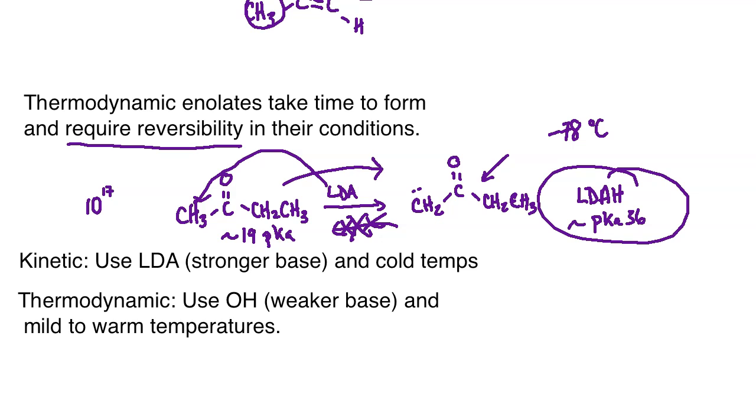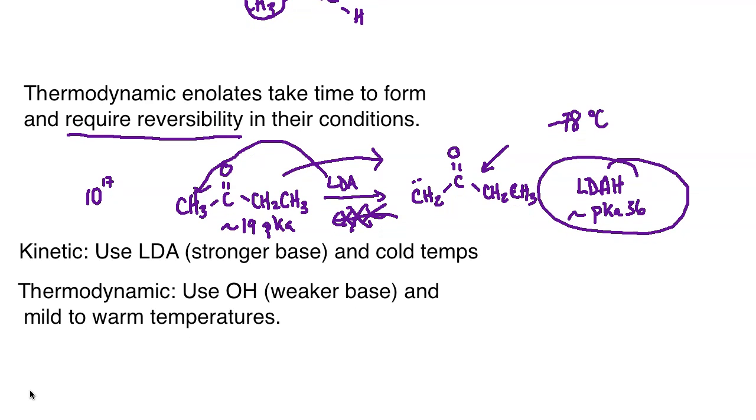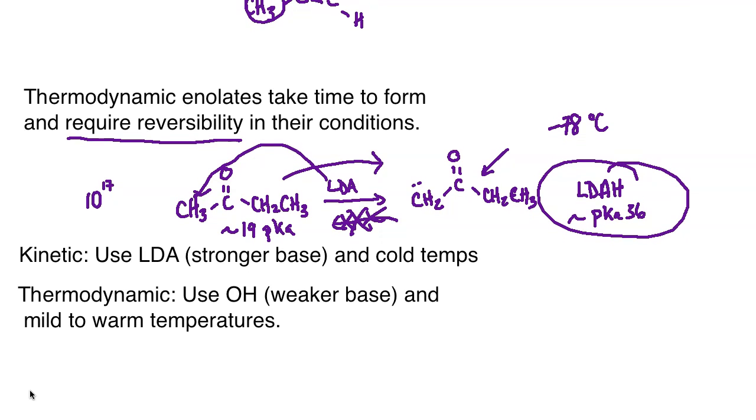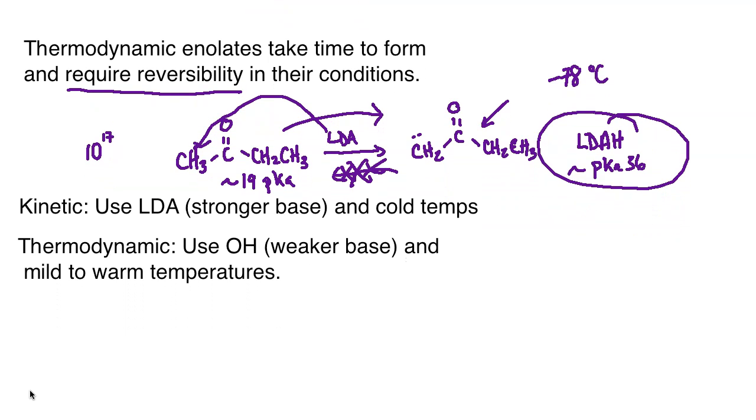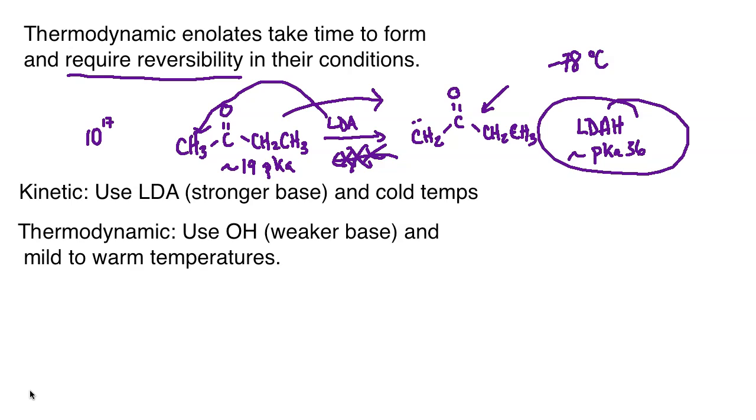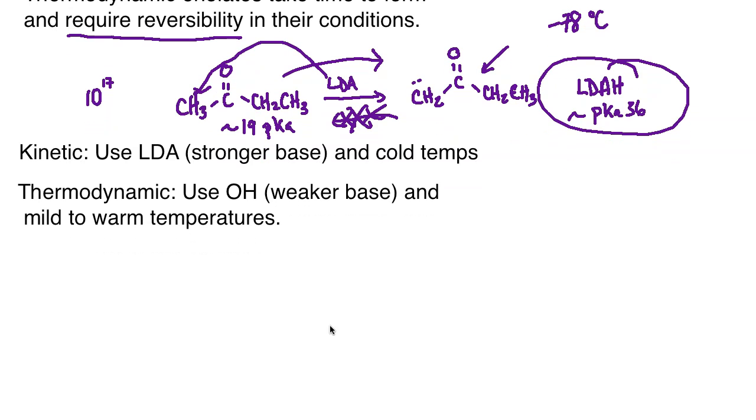And when you have that, the robbing of the thermal energy from the system, along with the vast difference in acidity, both of those factors come together to really shut down the potential for reversibility, which is what you have to do if you want to lock in your kinetic enolate. Otherwise, if you have reversible conditions, you're going to be inching back towards that possibility of a thermodynamic enolate, which is, again, where it wants to reside for stability purposes.